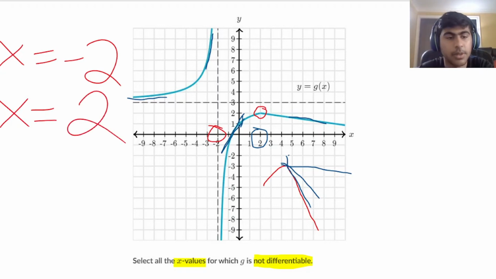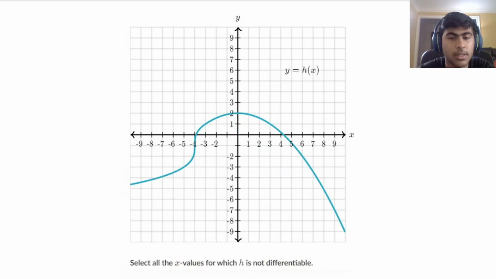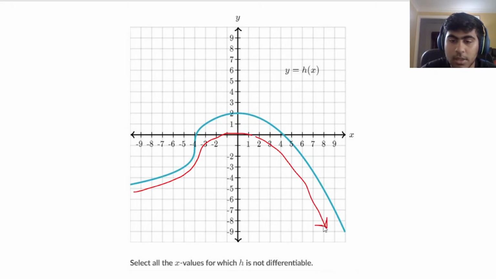Let's keep going. Another question. Select all x values for which h is not differentiable. This time the whole function is continuous, all one straight moving line, with no discontinuities.